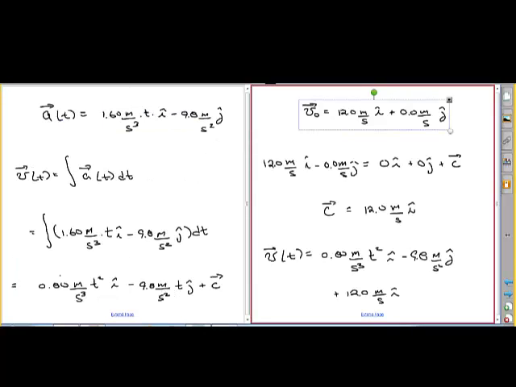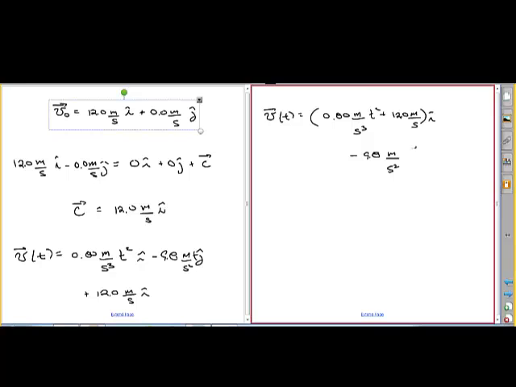And I think I forgot something here. Hold on just a second. Yeah, that was supposed to be a t right there. Okay, so that works out. So I'm going to put a t right here, t J.